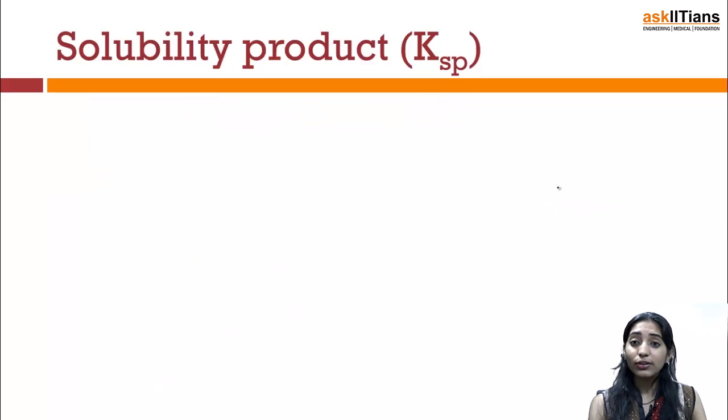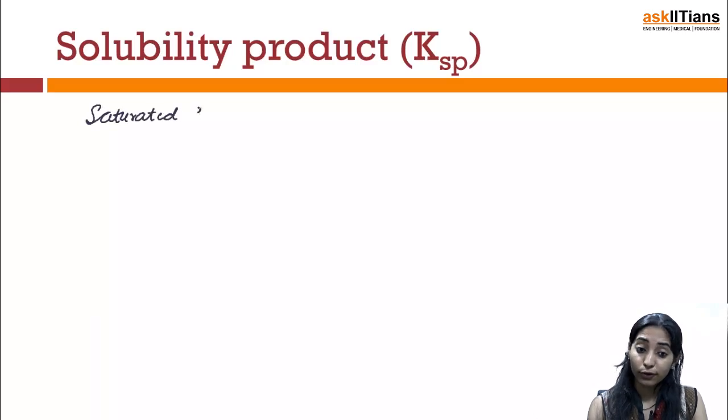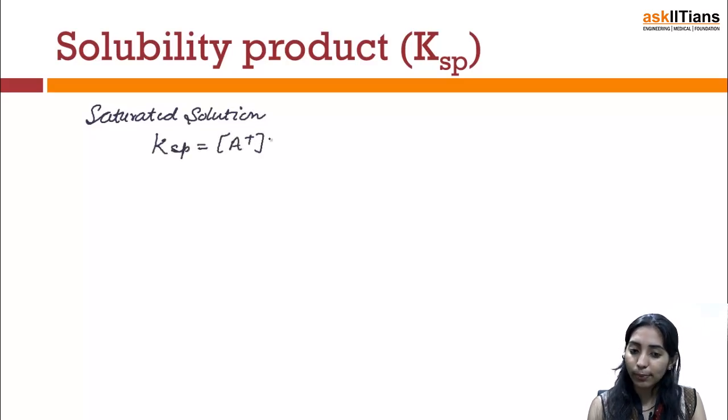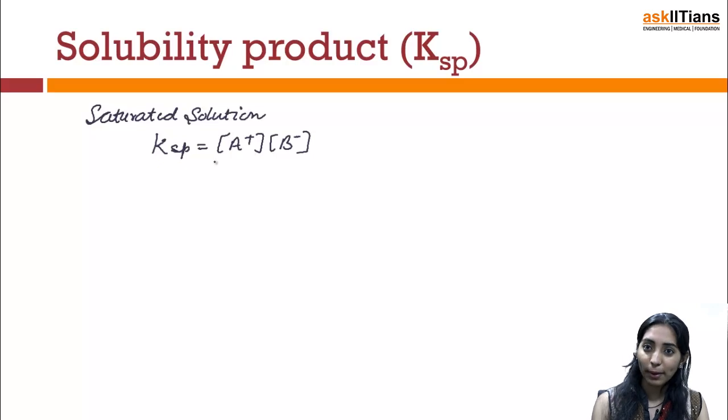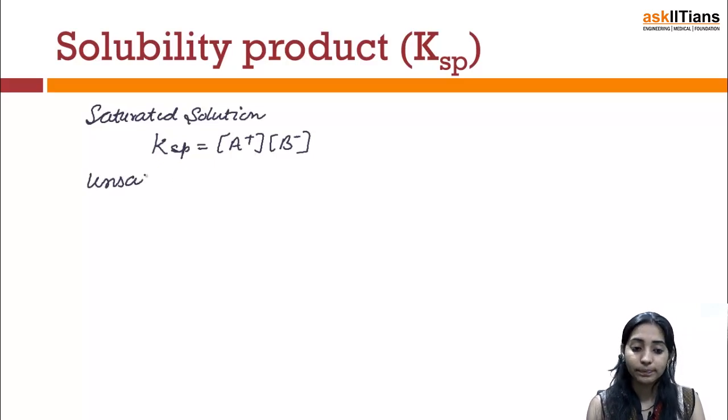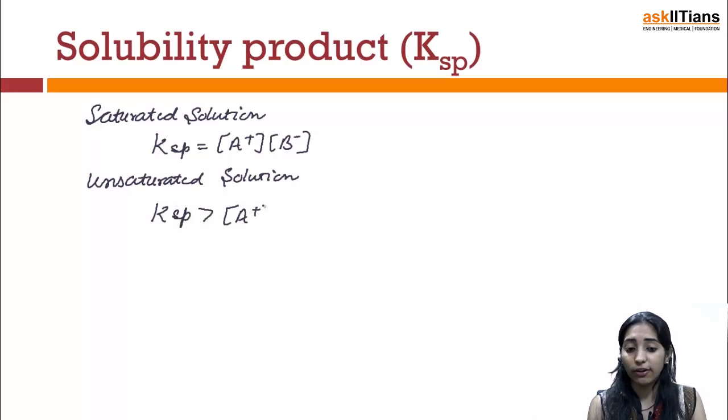Now we can also look at certain facts. If we have a saturated solution, the value of Ksp will be equal to the concentration of A positive multiplied by the concentration of B minus. But if the solution is unsaturated, then Ksp is greater than the concentration of A positive multiplied by the concentration of B minus.